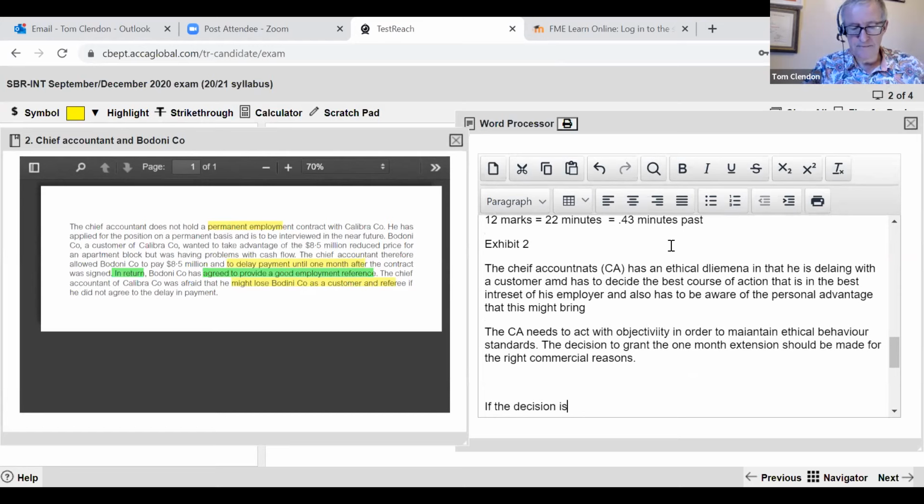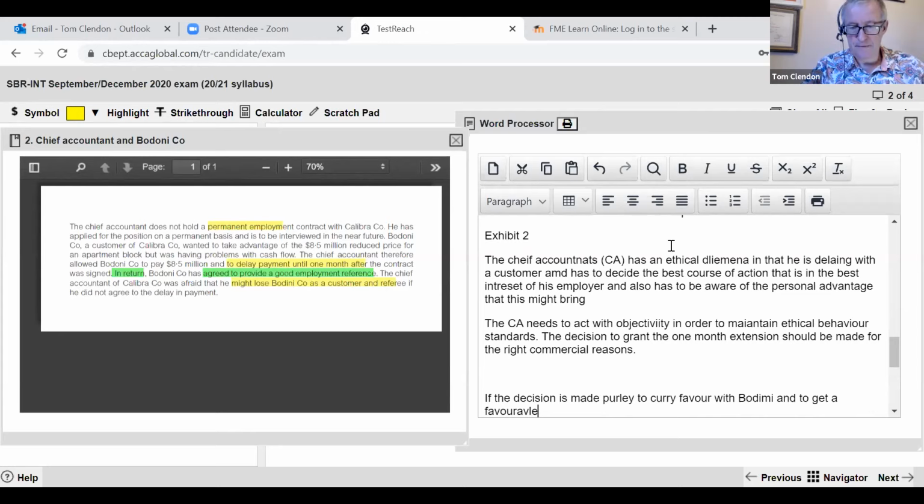If the decision is made purely to curry favor with Bodini and to get a favorable reference, this is unethical.